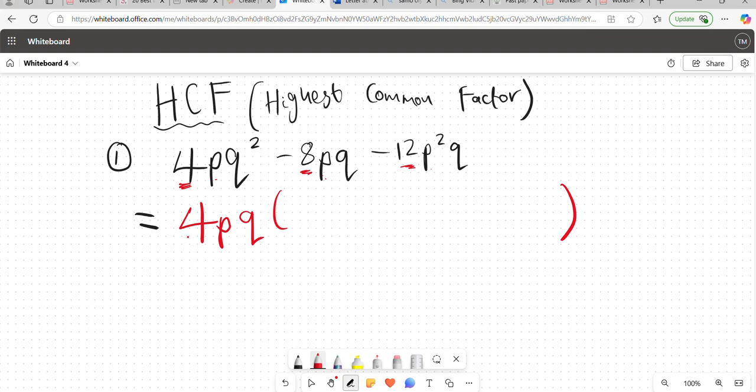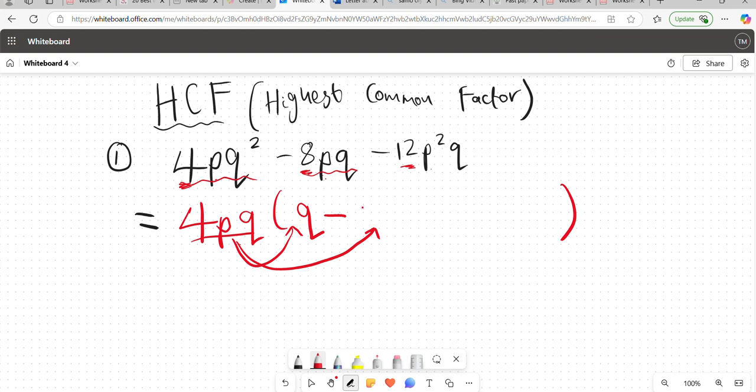Then I ask, 4PQ needs to multiply with what to give me back this 4PQ squared. So it seems that we have everything. The only thing that is missing is a Q, because a Q times another Q would give me back the Q squared. So 4PQ times what would give me an 8PQ?